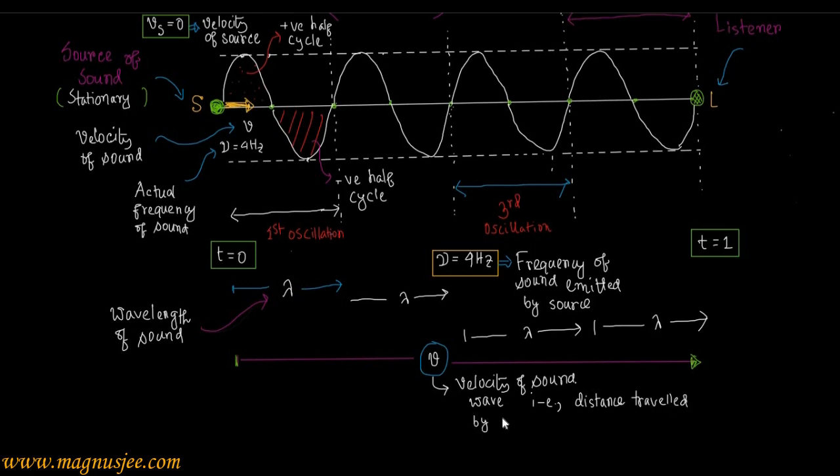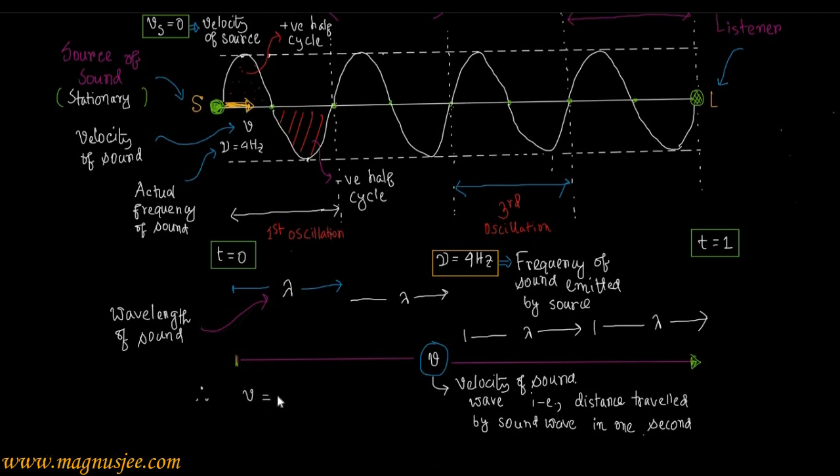That's why the distance between the source and listener is equal to the velocity of sound, which is equal to v.